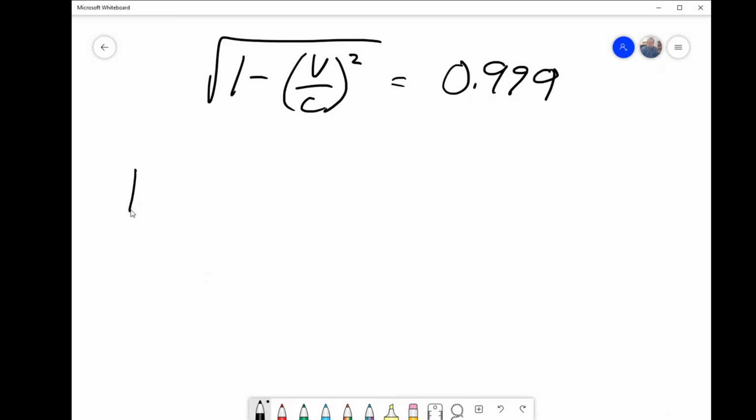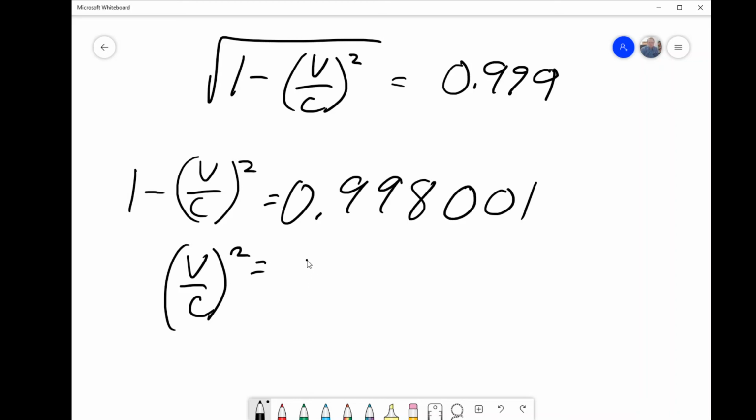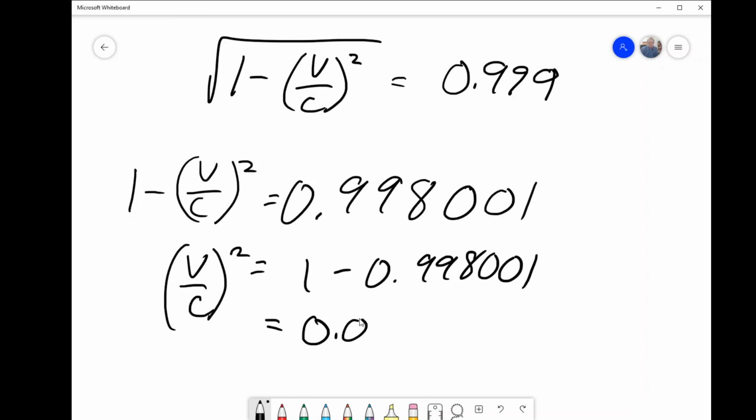Now let's take our 0.999 and square it. So this gives us 1 minus v over c squared equals 0.998001. So just slightly off. And that means our v over c squared is going to be 1 minus 0.998001, or 0.001999.